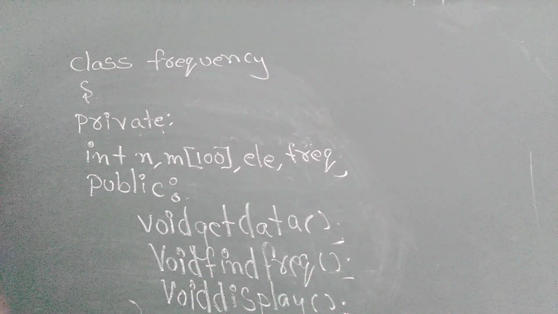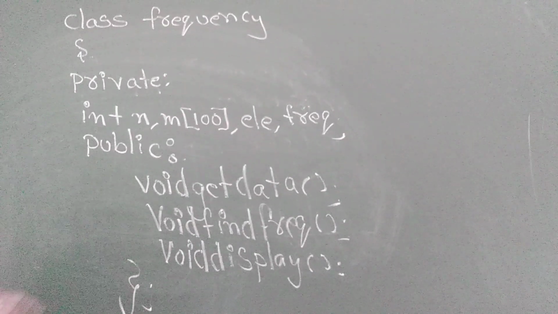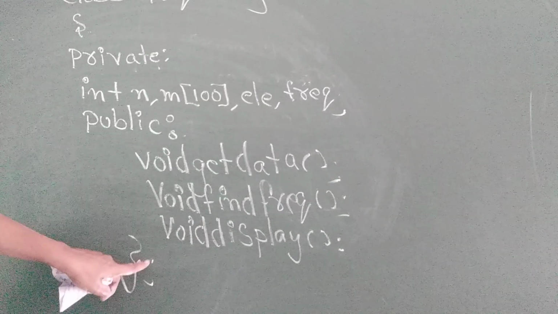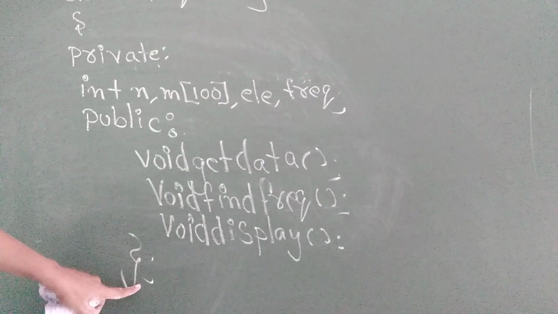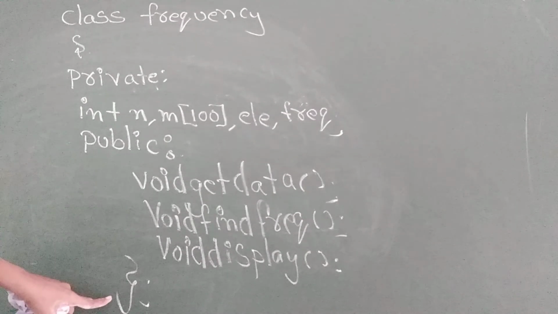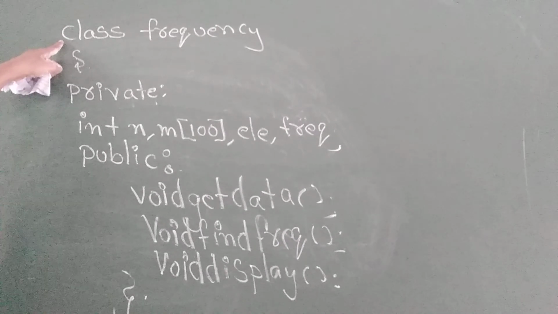So the class ended here. Once again you see here 3 functions I wrote, and this is the most important thing one should remember: it ends with a semicolon. Where the class starts to here is what we call the class body, and this we call the class header.